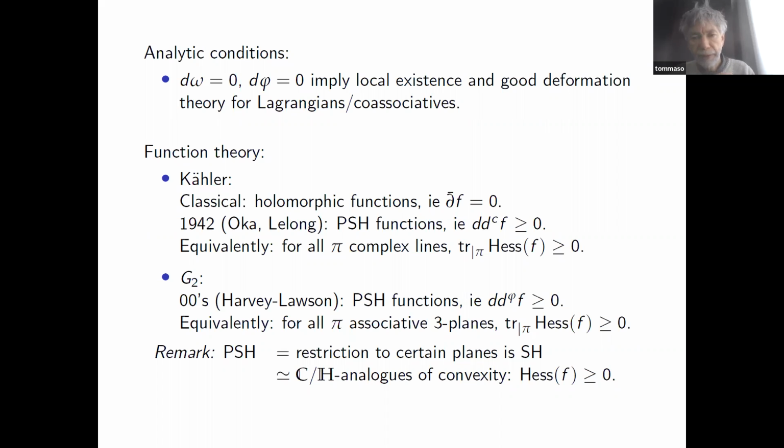You can take the function, calculate its Hessian using the metric, and it will be plurisubharmonic if its partial trace is positive. By partial trace, I mean the trace with respect to the Grassmannian of the submanifolds that we are interested in. These will be the complex lines in the Kähler case.